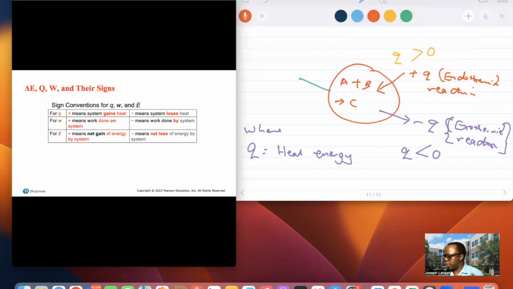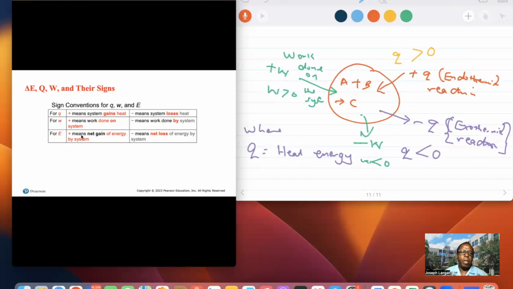For W, which is work, positive W, greater than 0, means work done by the system. Negative W, less than 0, means work done on the system.